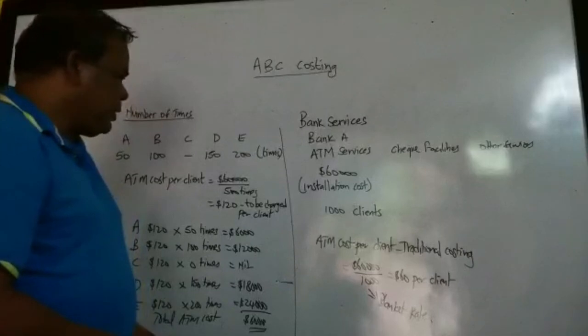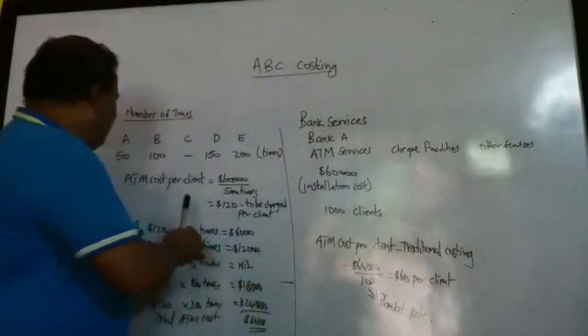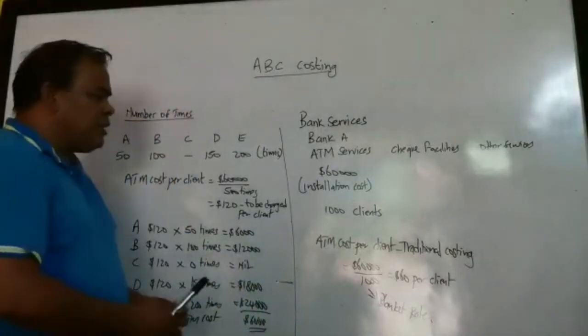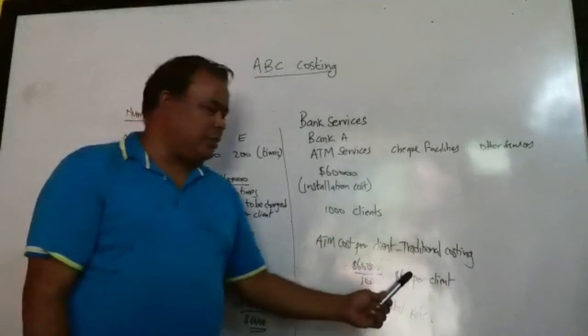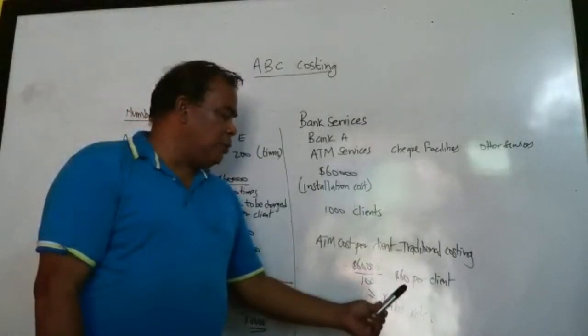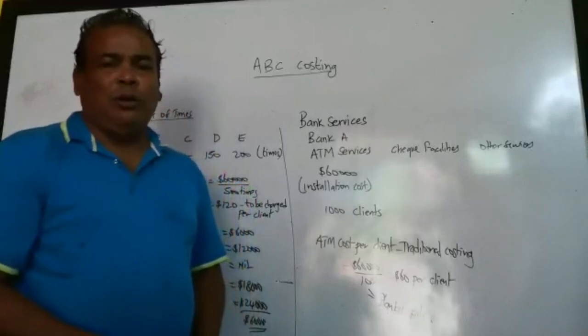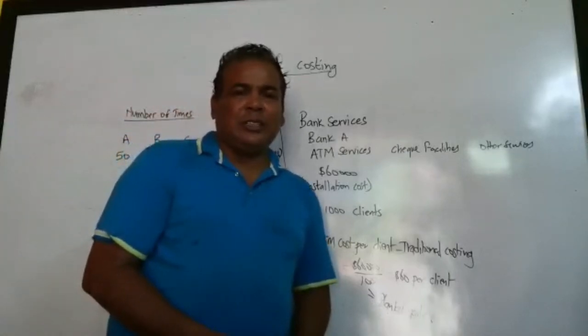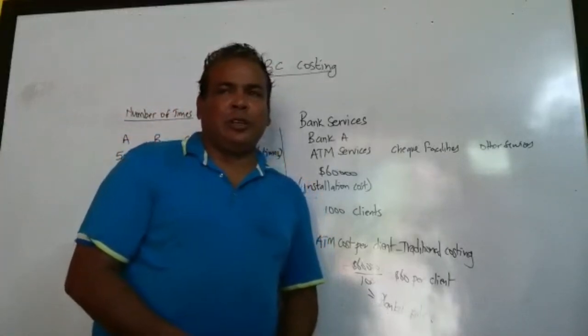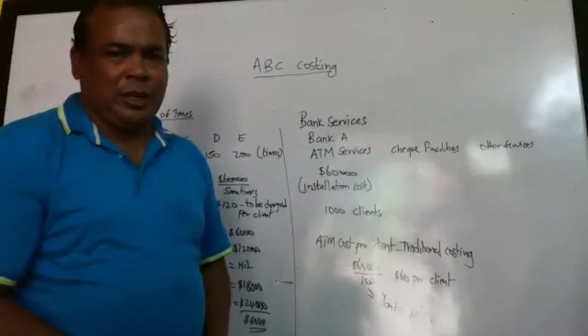If the bank is using the traditional costing method, we will have to charge $60 in the bank account of client C. In this case, he will be demotivated because he is not using the ATM service.